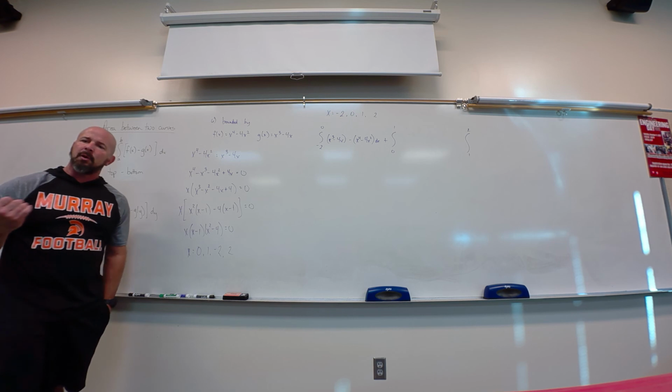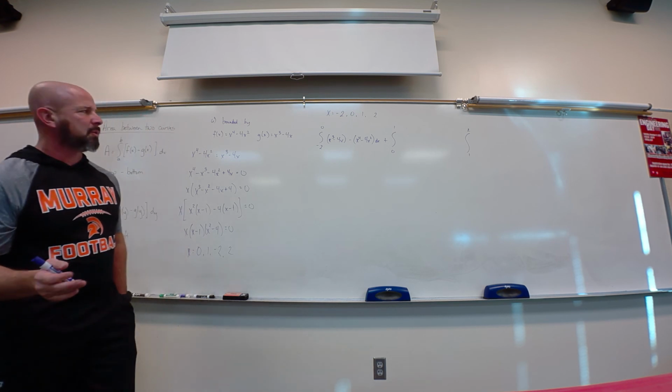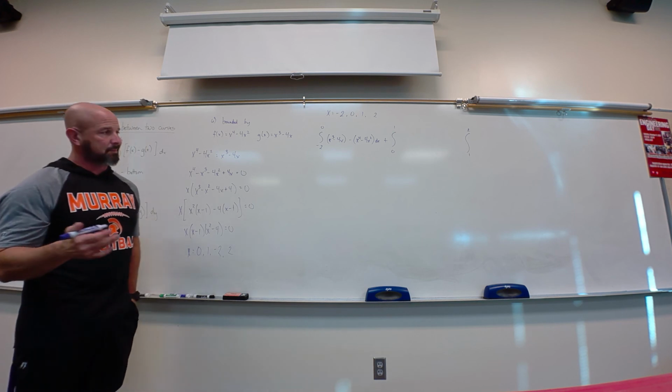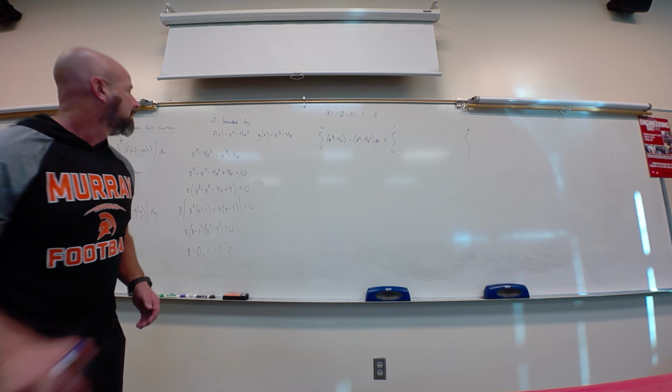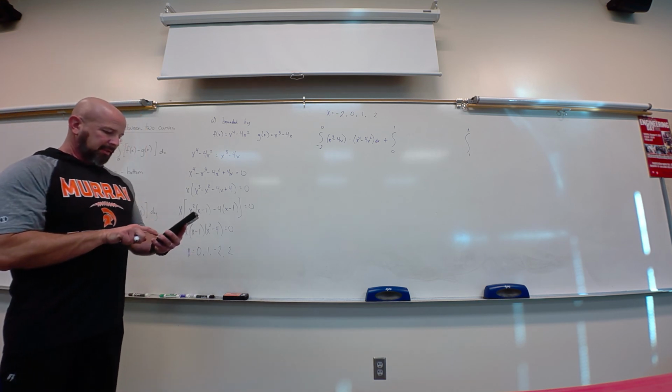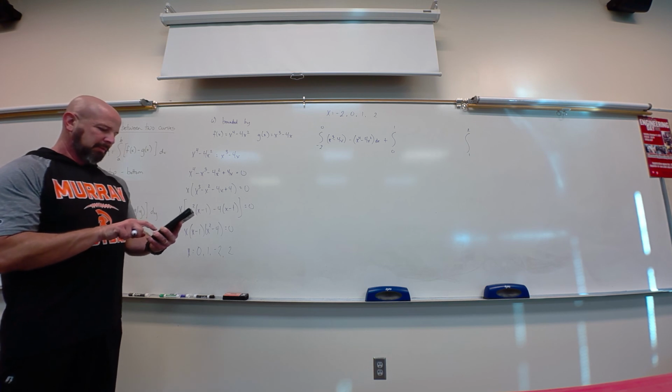So I've determined in the first interval which one's on top. Now I'm going to go to the second interval, see which one's on top. Looks like I got to go with a half, and I'll cheat a little bit. 0.5 to the fourth minus 4.